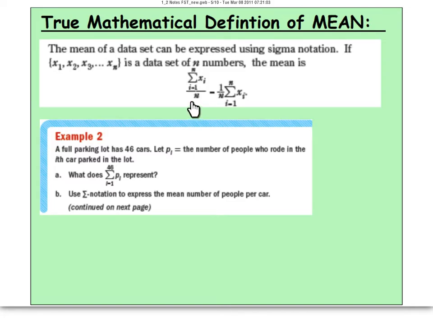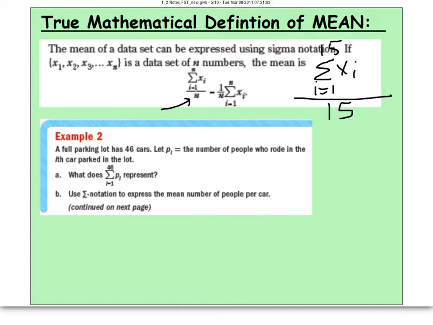This bottom half says divide by n, and n is how many pieces of data you have. So going back to the salaries, we would sum all of our salaries, from the first person up to the 15th. Once you have that total, you divide by how many we had, in this case 15 employees.